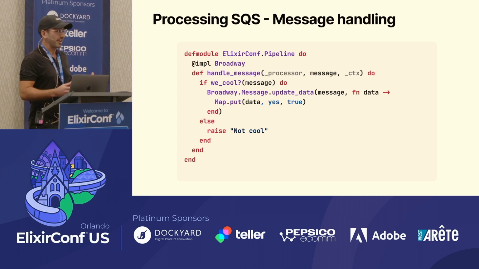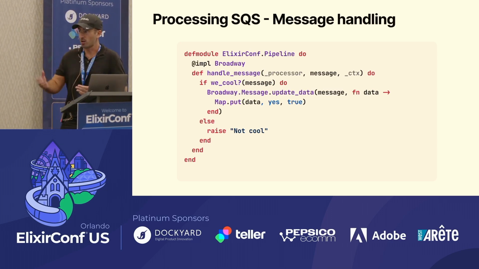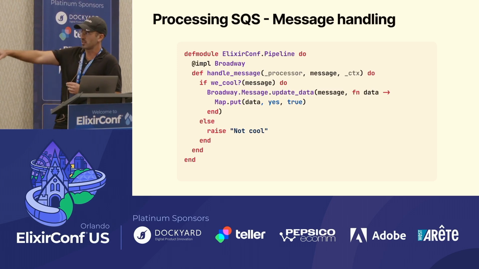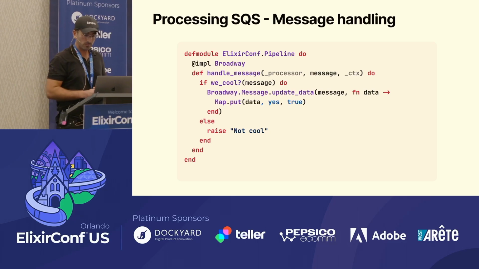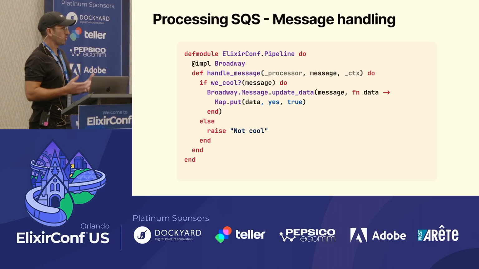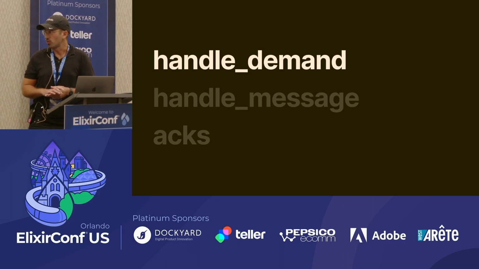So all the lifecycle around pulling messages from SQS, what to do about acknowledging them, retries, failures, is taken care of for you, and all you have to do is implement this domain code on how to handle the message there. But for us, and for the workflow and the job engine we're talking about, we're not using a message queue. So we're going to build our own producer in order to handle the workflow.